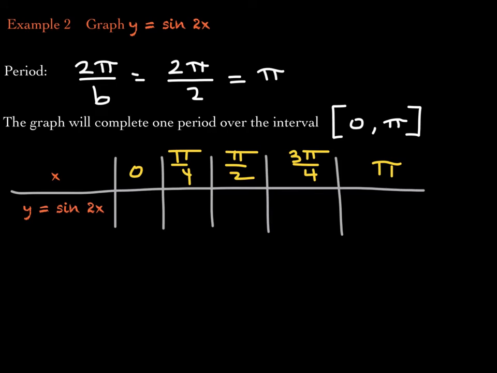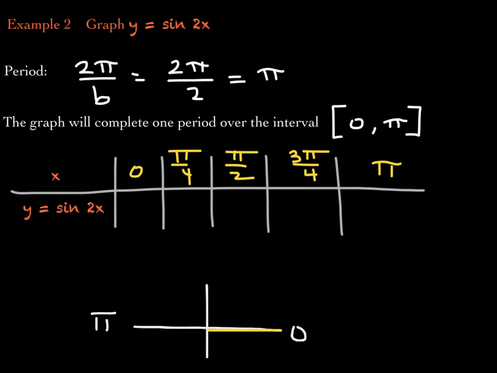So here we go. We have our table. We're going to start plugging these values in: left endpoint, first quarter point, midpoint, third quarter point, right endpoint. Okay? And just in case it helps someone out there, notice that your interval goes from 0 to pi. Your left endpoint is 0.